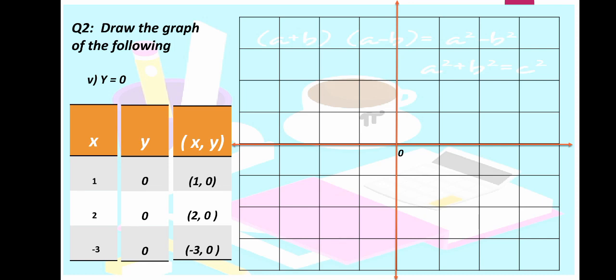Now here the maximum value of x is 3, so the values 1, 2 and 3 will be on the positive x-axis, and -1, -2 and -3 will be on the negative x-axis. The value of y is 0, and as I told you, the origin has the value of x and y as 0.